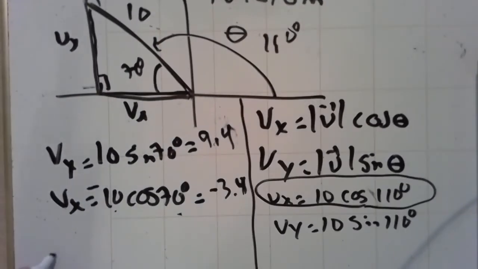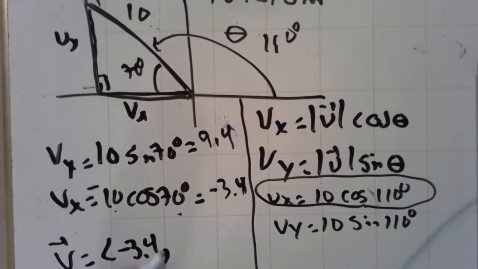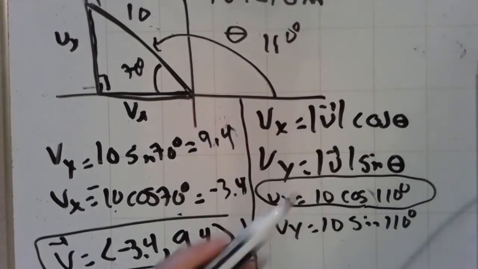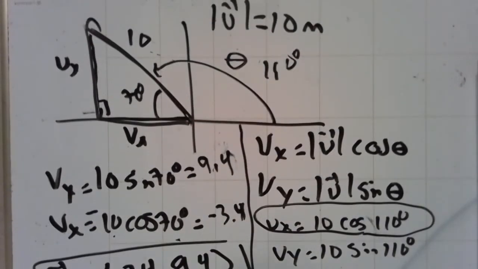Then that vector v is the vector negative 3.4 comma 9.4. Make sure you use angle brackets here and not parentheses. It's not a point, it's a vector. How could we check this? We could do Pythagorean to see if we get a magnitude of 10. We could do an inverse tangent, y over x, and see if we get a 70-degree angle.